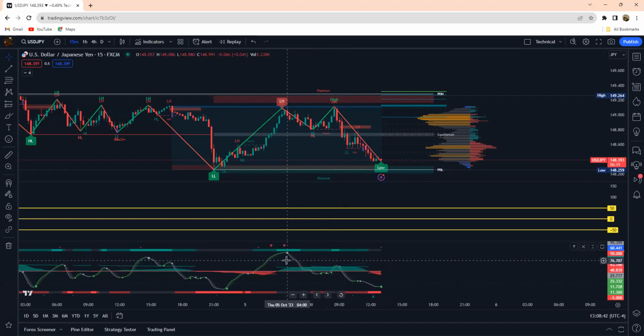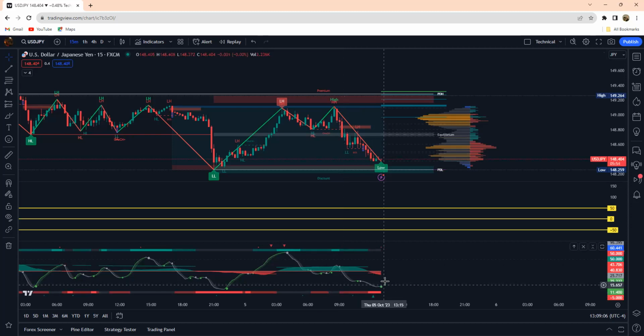I don't need it to tell me that this is divergence. I already know it's divergence because we created a higher high with price, but a lower high with momentum. So again, it validates my trade setup and my entry. I didn't utilize it to get in, but it's good if you want to use it to validate what you're seeing in the market and your entries.